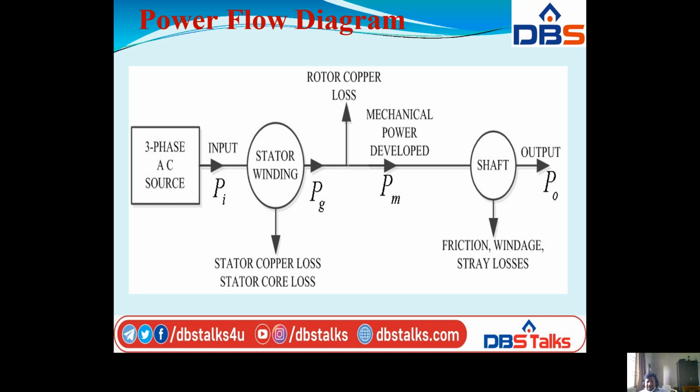From that, rotor copper loss is deducted, giving mechanical power developed PM. The difference between the air gap power and mechanical power is equal to rotor copper loss. Then the difference between mechanical power developed and output is the friction and windage losses.